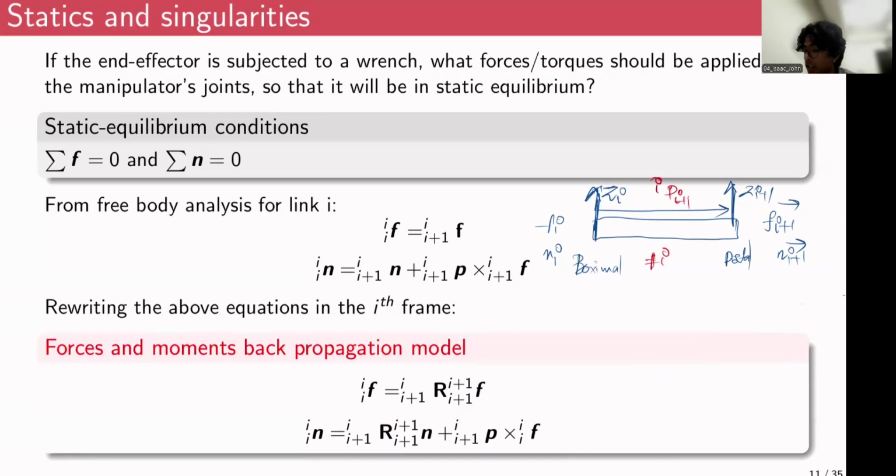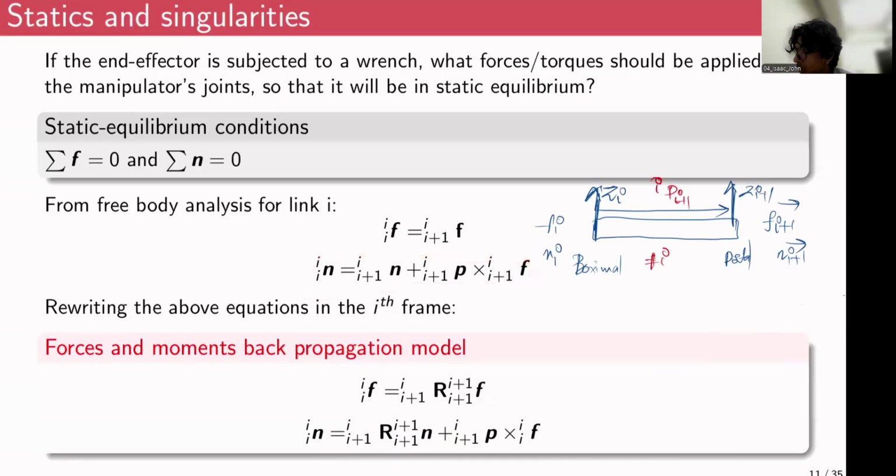Now for force propagation, all you have to do is the force balance, you take the force equilibrium. Forces on the proximal end are nothing but the forces on the distal end. Easy as that. Or, the net force is 0 for static equilibrium. And you also do the moment balance, right?